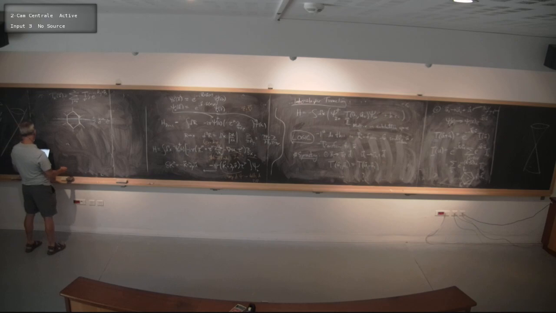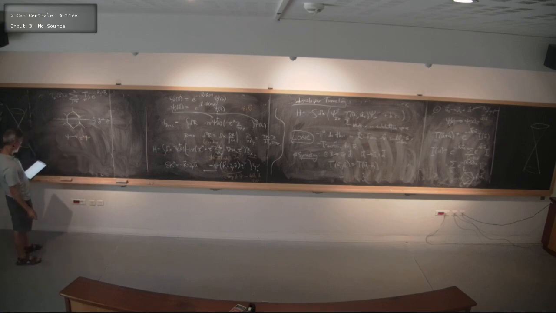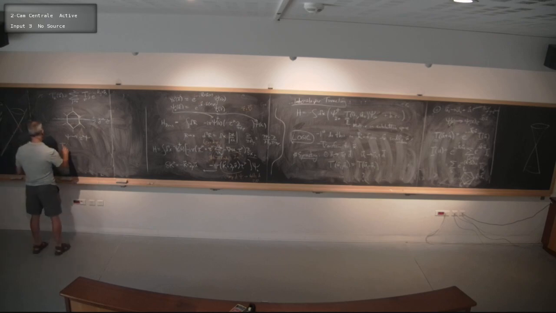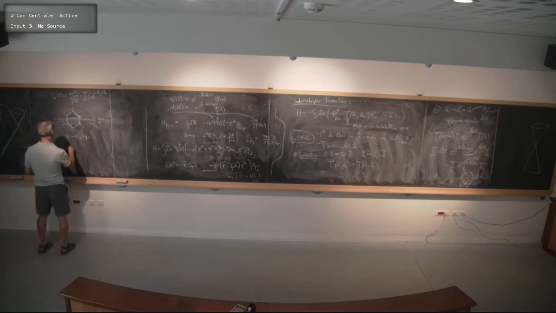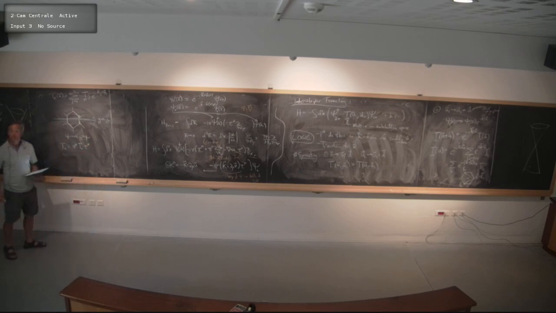Invariance under this means that psi goes to tau x psi. So in fact, we need that T0 is tau x T0 tau x, because T appears between two psis.